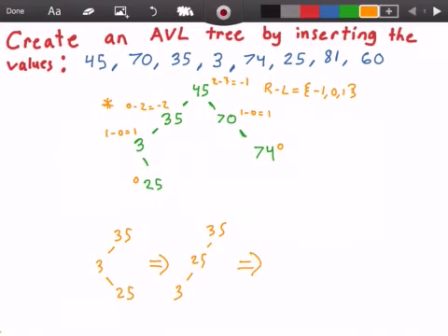And then to do a right rotation, we get 25, 35, and 3. Okay, so now let's replace that subtree with this new balanced subtree.